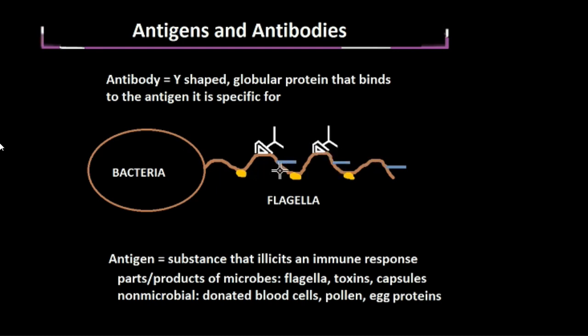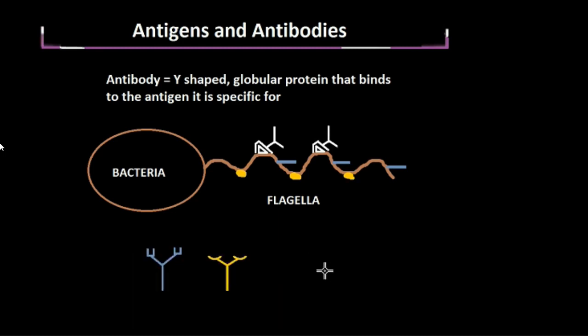So in this image right here, we have the white antibody being able to bind to the triangular shaped epitope. However, this white antibody would not be able to bind to the blue and yellow epitope because it is not specific for it.